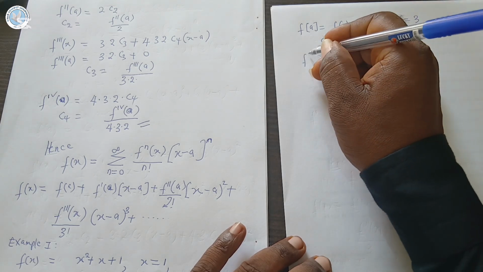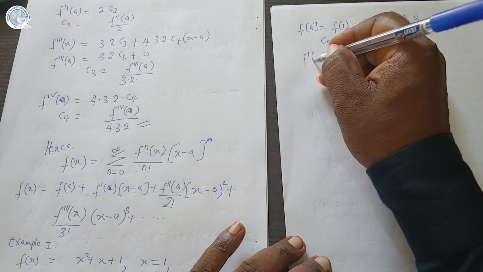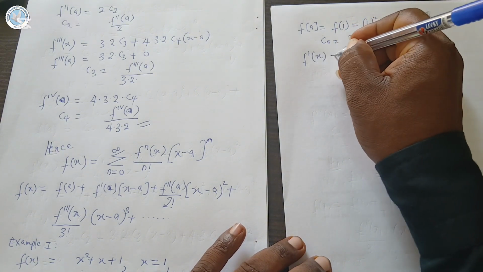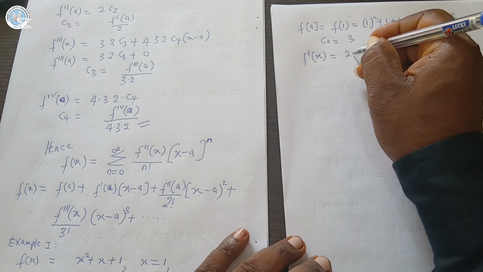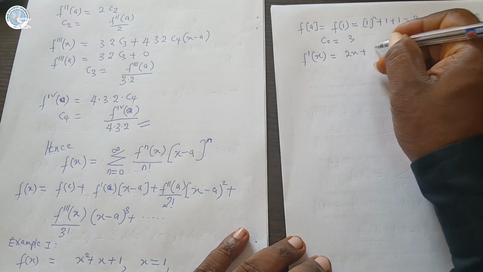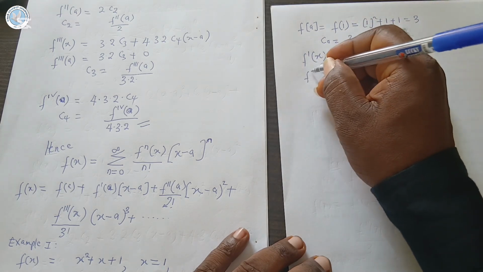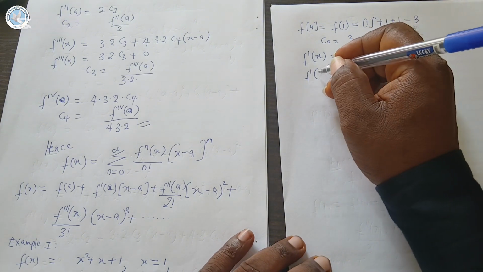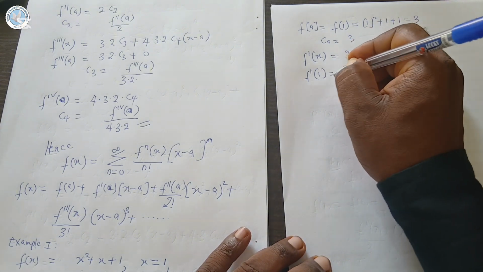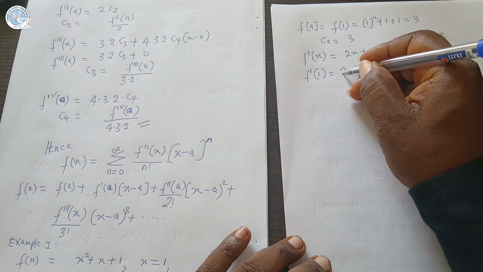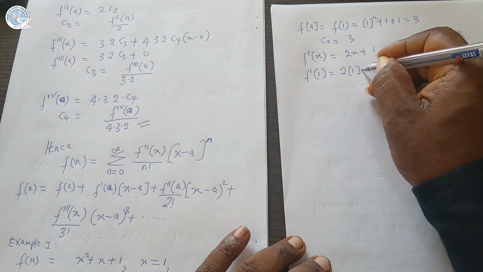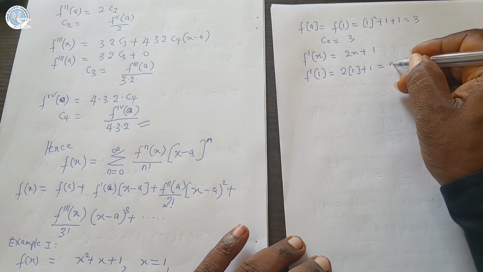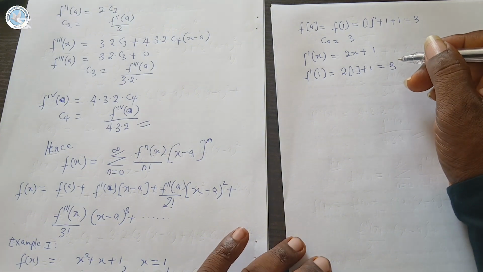So we carry out the first differentiation of f of x, which is giving us 2x minus 1. So when we introduce x equals 1 into this, we are having 2 into 1 minus 1, and we have 1.